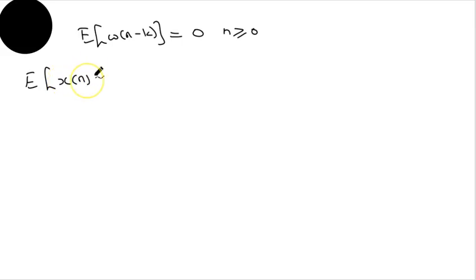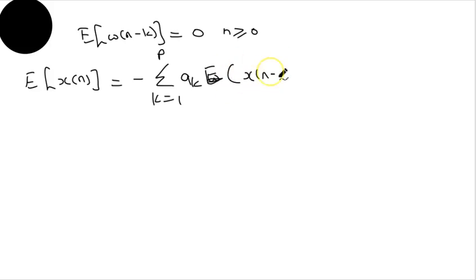Now we know that E of w of n minus k is 0 for all n greater than or equal to 0. Hence, my E of x of n reduces to minus summation k equal to 1 to p a_k, the w term will not exist, rather I will just have the expectation of x of n minus k, for all n greater than or equal to 0.